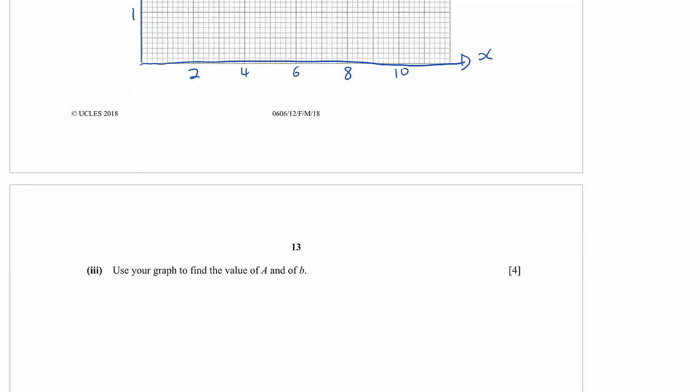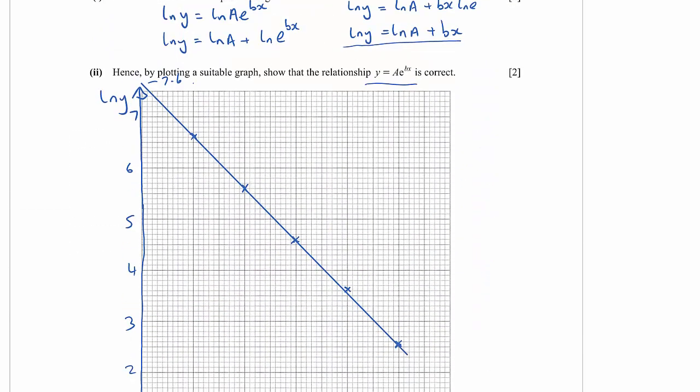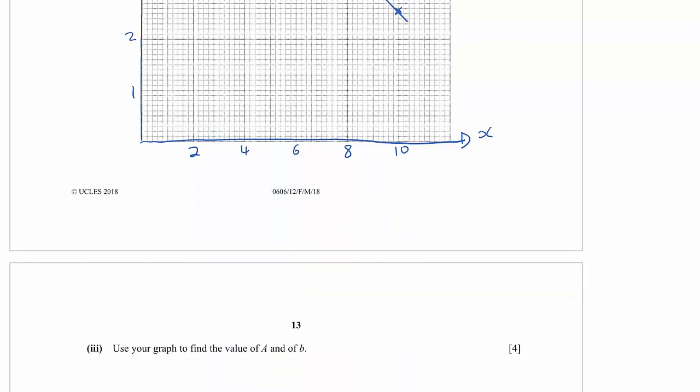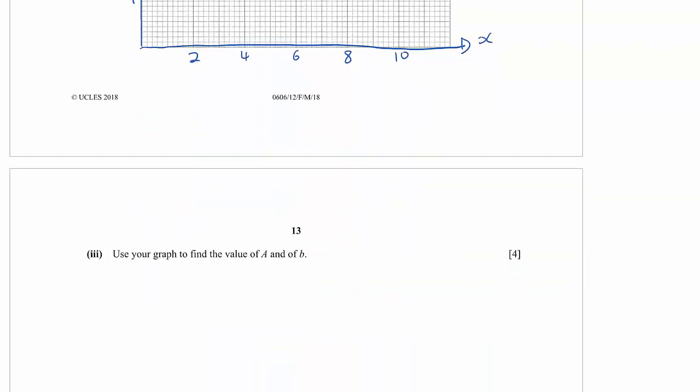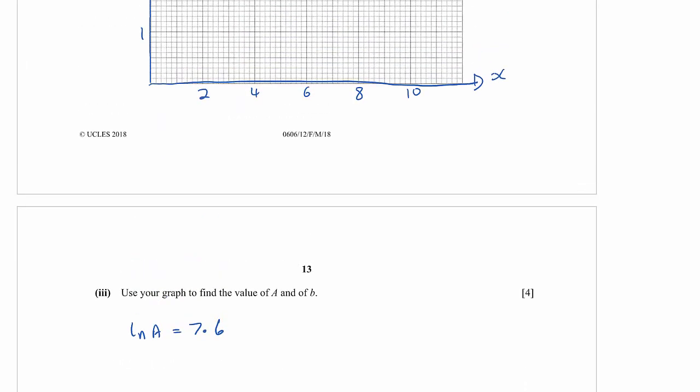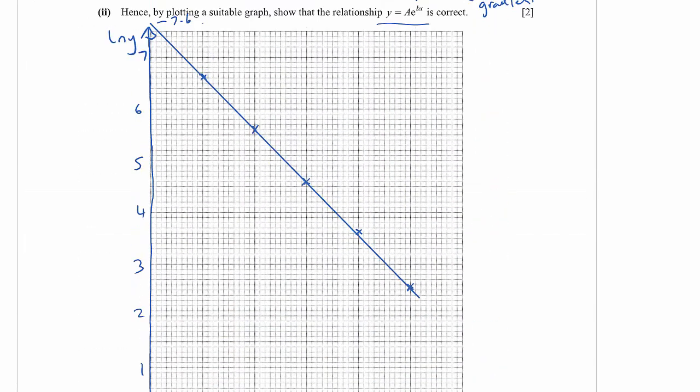So use the graph to find the value of A and the value of B. Looking back here, B is going to be the gradient of this line, and ln A is the intercept. So we already discussed the ln A. ln A was, we said, 7.6, and then we want the gradient of the line as well.